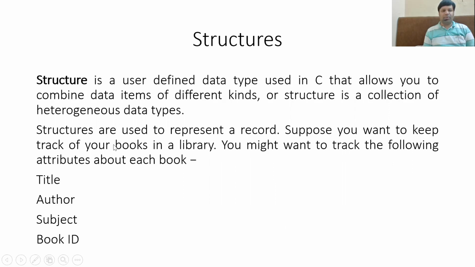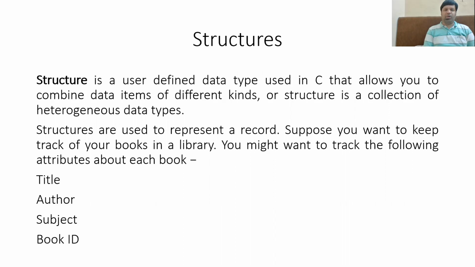Suppose you want to keep track of your books in the library, you may want to track the following attributes about each book: title, author, subject, book ID. Now, generally in order to store this information, you can use four different variables. But because these four different elements are interrelated to each other, it is better to use a data type that can bind them together.